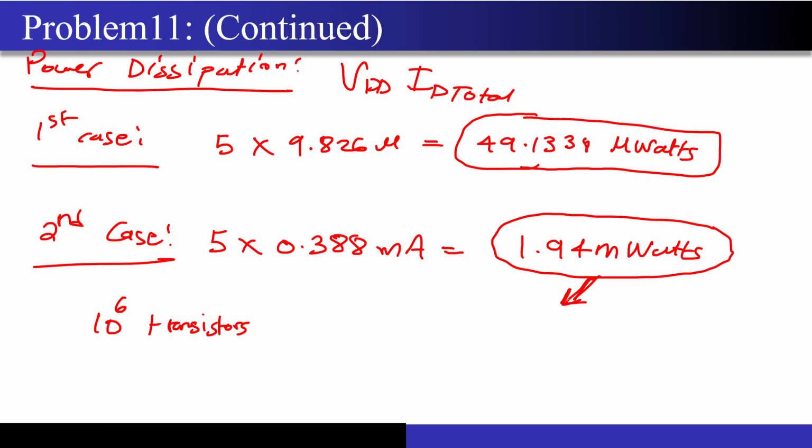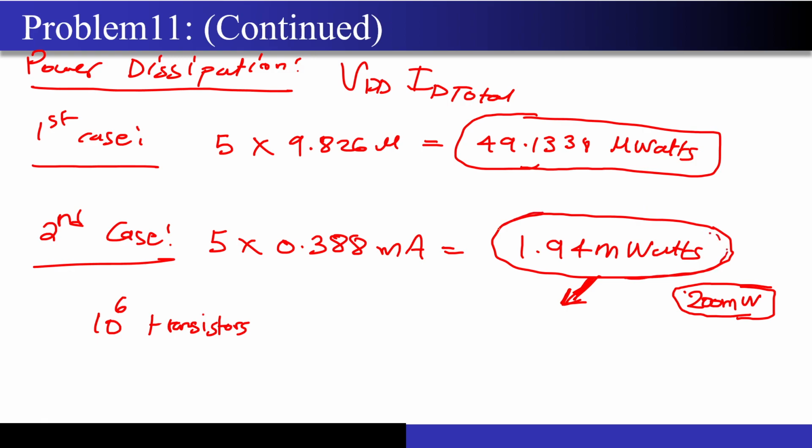Let's say your processor will be consuming around 200 milliwatts as the total power dissipation. If you throw these numbers out, you will be getting this much error.